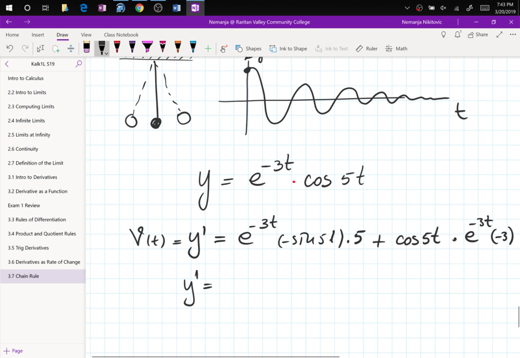I can kick out negative e to the negative 3t, and in parentheses I have 5 sine 5t plus 3 cosine 5t. So now if you give me that the time is 2 seconds, I will tell you the velocity of the thing at 2 seconds.